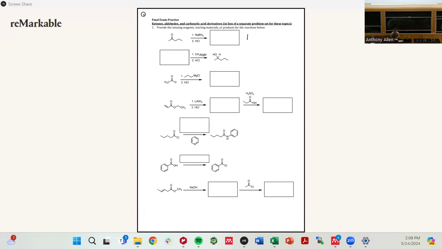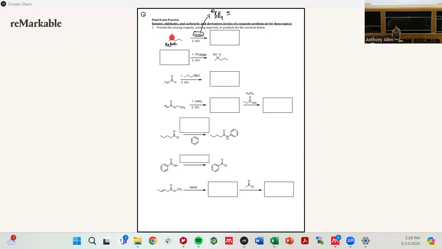So ketone, borohydride, BH4 minus. What is this reactive? We use this in lab. What does this add? Turns a ketone into an alcohol. That's right. So what does a ketone have here, a carbonyl?